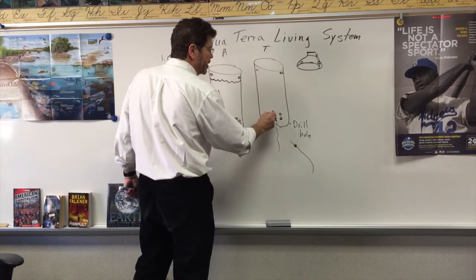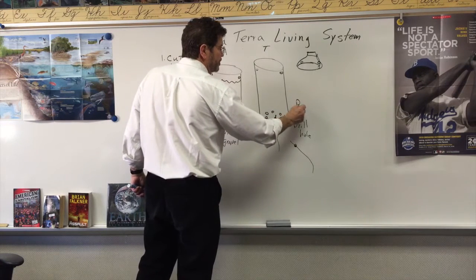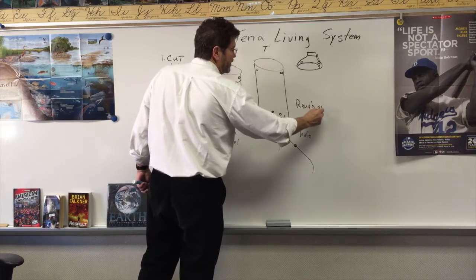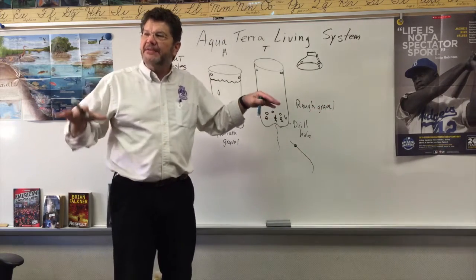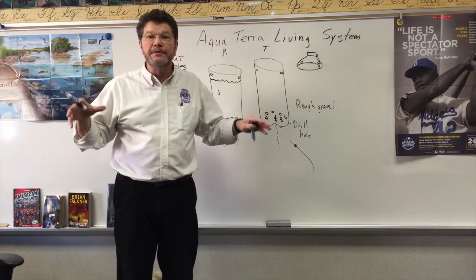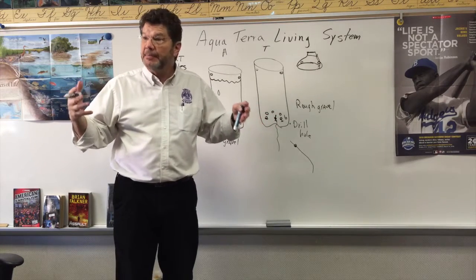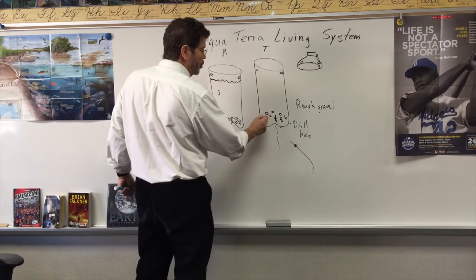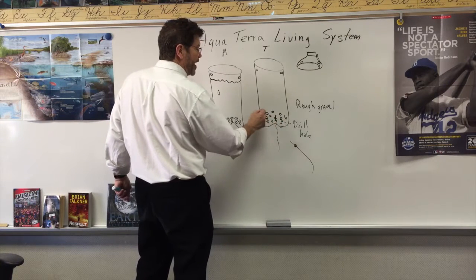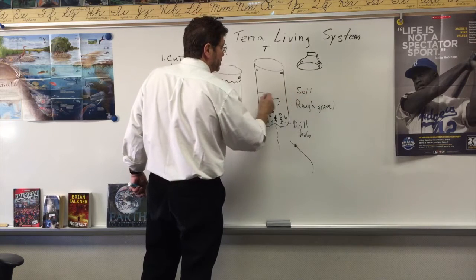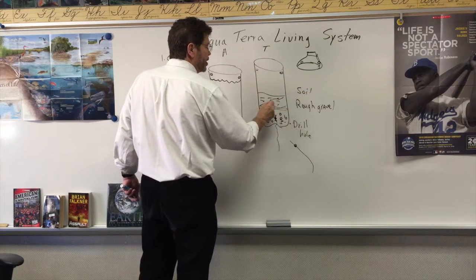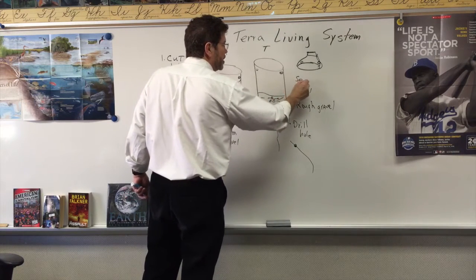This is going to be some rough gravel, because this is supposed to represent the earth. And if you go down below the soil, you find gravels and bedrock. So this is going to be some rough gravel, not the aquarium gravel, and then we're going to put soil, potting soil in here, and then you're going to put some seeds.